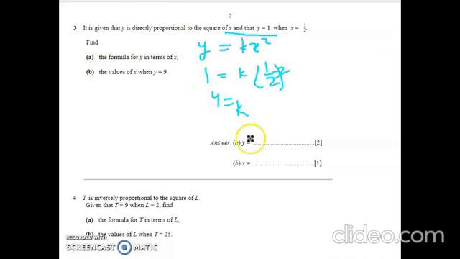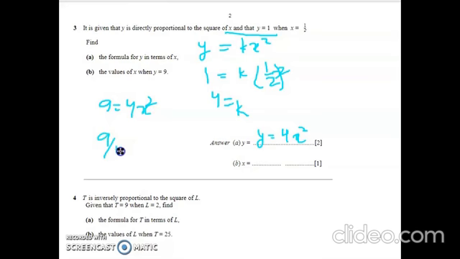First we need to find the formula. So we have already found the formula. Y is equal to 4X square because our constant of proportionality, the constant K, is 4. Now the value of X when Y is equal to 9. So we have 9 is equal to 4X square.